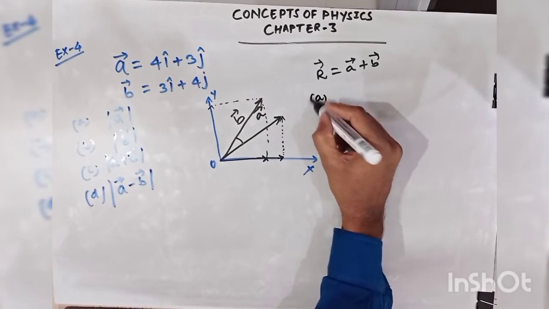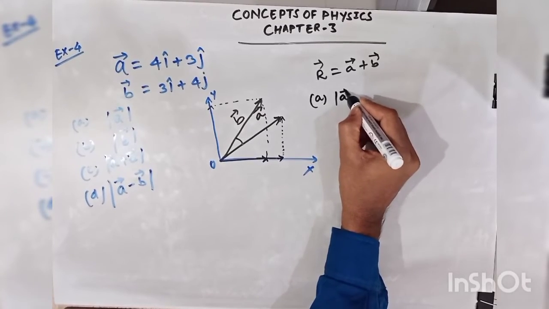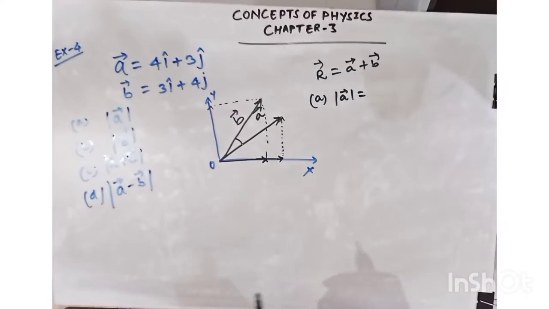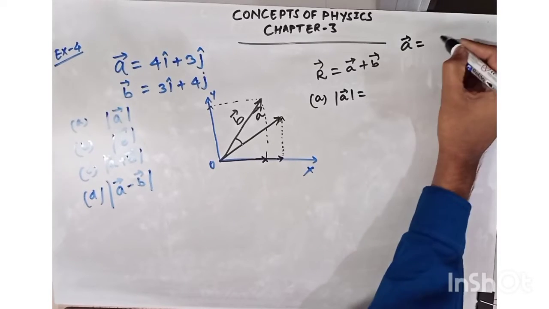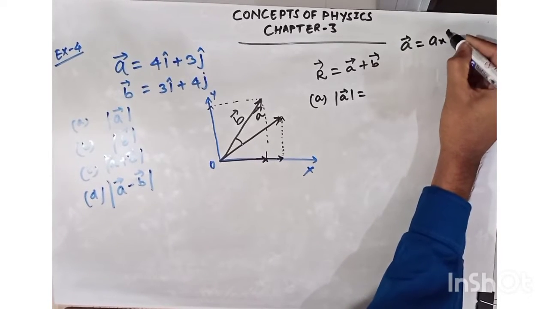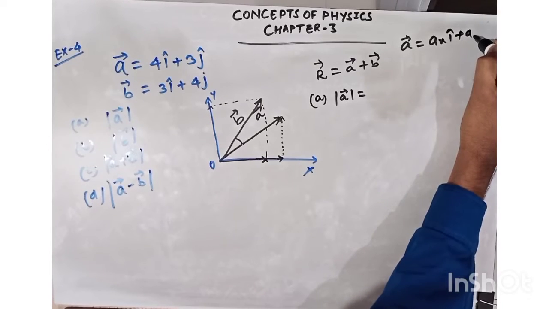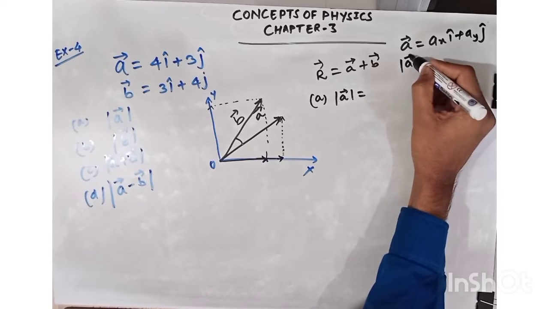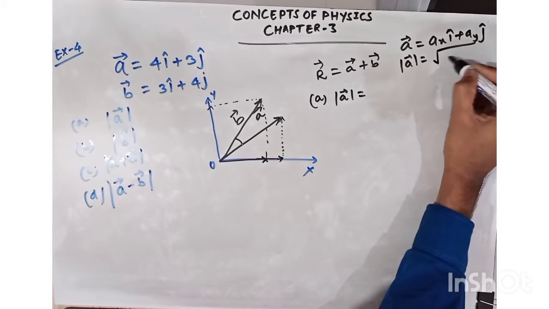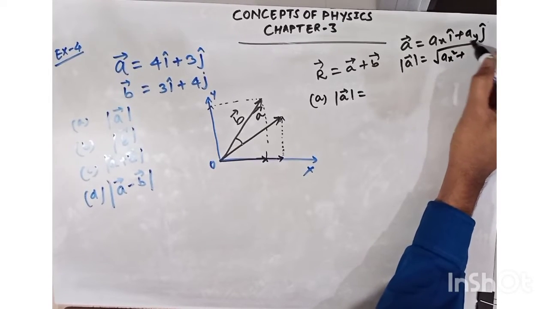the magnitude of vector A. Suppose there is a vector A as Ax i plus Ay j. So what would be the magnitude of vector A? It would be the square root of the Ax component squared plus the Ay component squared.